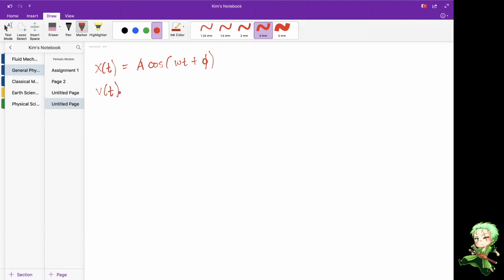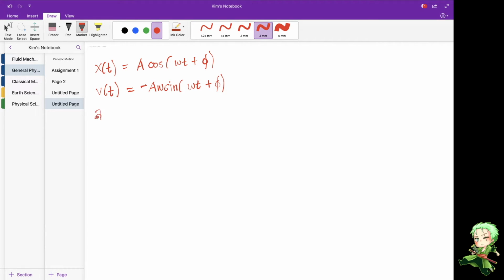So we have shown in the class that the velocity as a function of time is simply taking the derivative of this position as a function of time. So when you take the derivative of that, it will give you this expression that the velocity as a function of time is given to be negative A omega and then the sine of omega t plus phi.